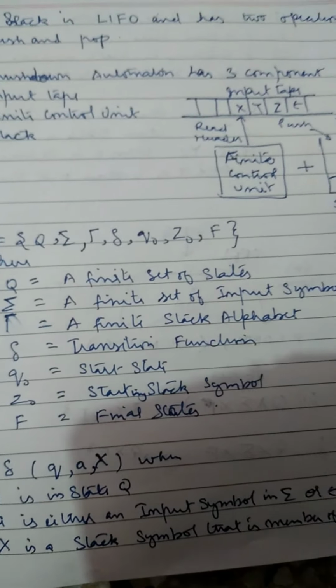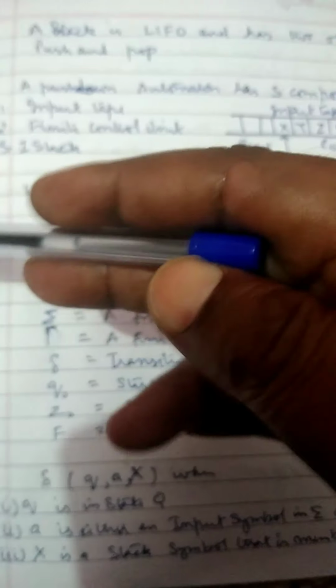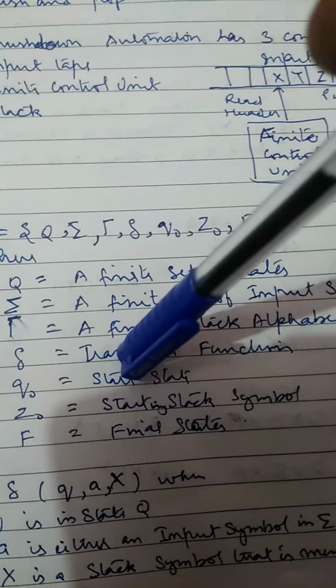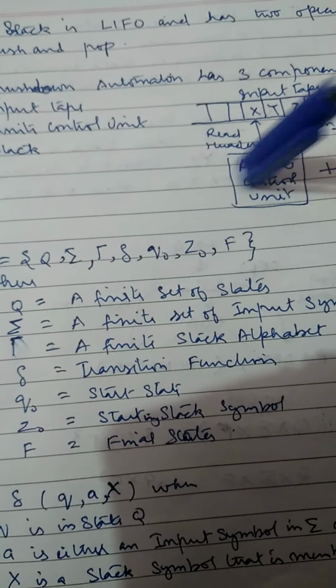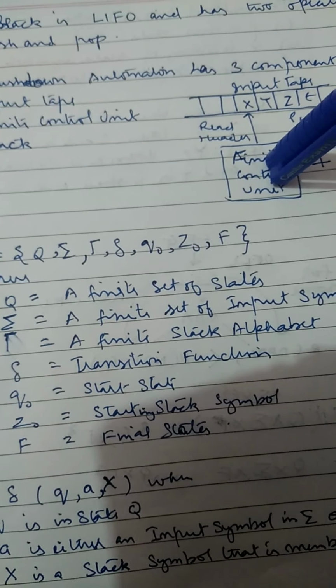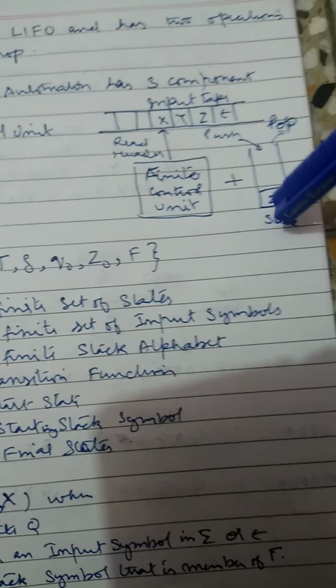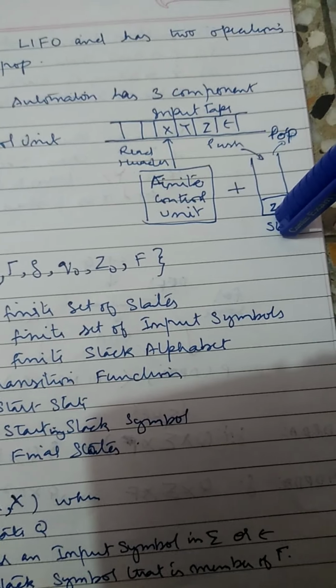Next is the transition function. We will see it later. Q0 is the starting state of the finite control unit. And Z0, as I have told you, if we see Z0 here, we know that the stack is empty.